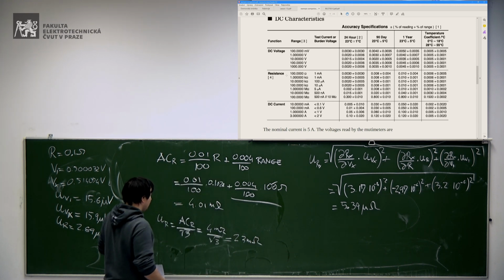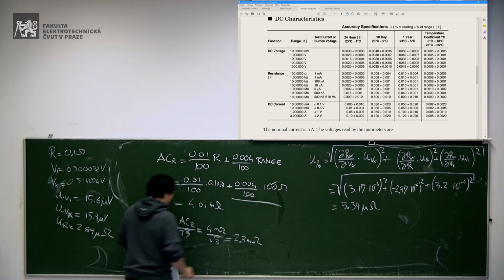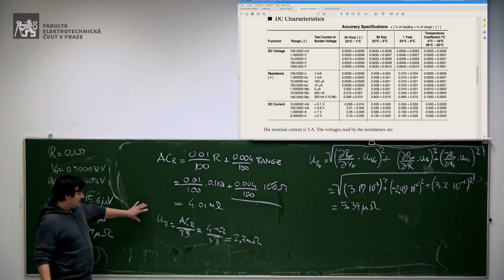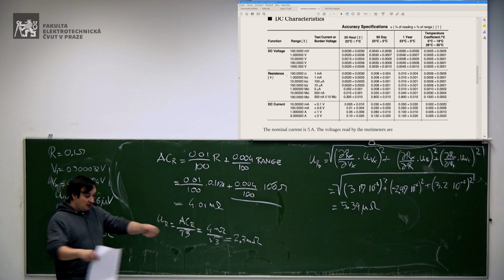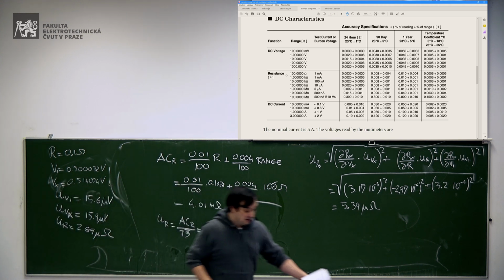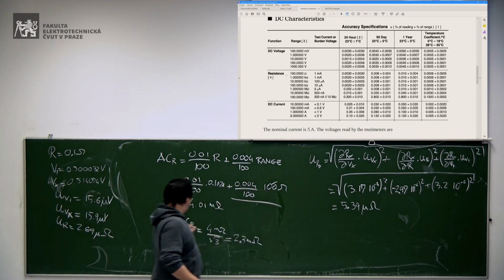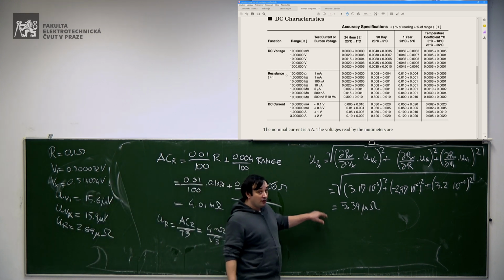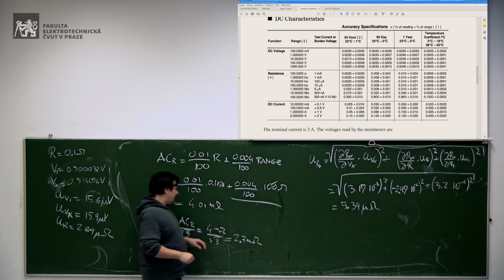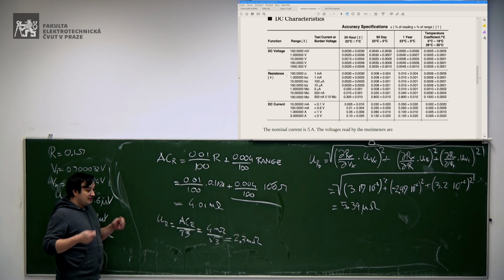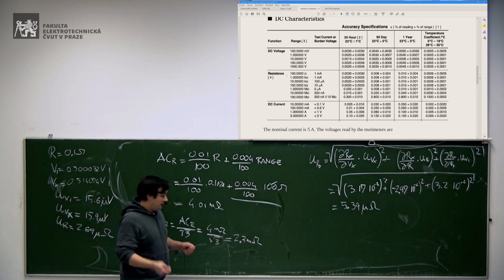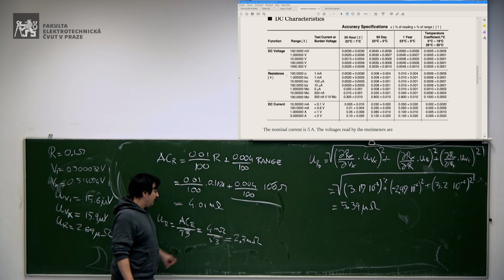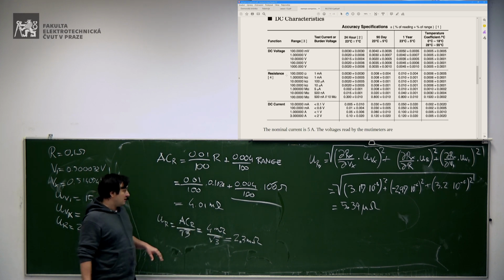And now let's compare the uncertainty of the straight measurement on the resistance mode of the multimeter with the uncertainty we achieved before using the comparison method. If we connect directly to the multimeter, we achieve 2.3 milliohms of uncertainty.